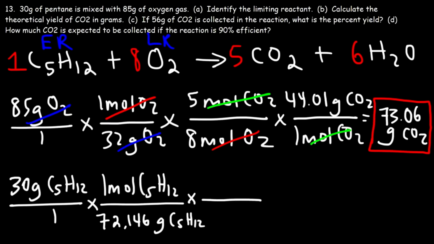Now, we need to use the molar ratio to convert it from moles of pentane to moles of CO2. So we have a 1 to 5 ratio. So for every 5 moles of CO2 that's produced, 1 mole of C5H12 will be used up.